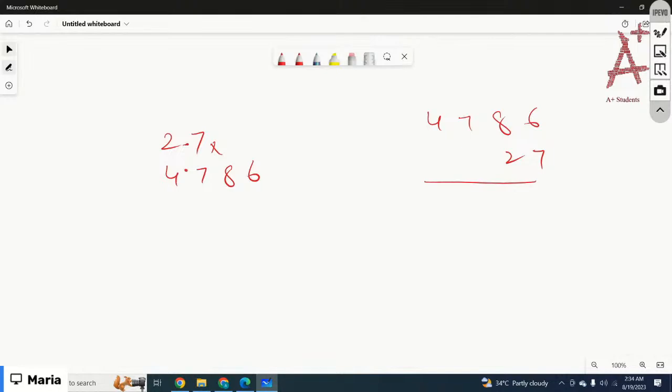When you multiply them, let me just do it on the calculator. 4786 times 27, it would be 129222. If you look at both the numbers, in the first one you have one decimal place, and in the second one you have three decimal places. So 1 plus 3 makes 4. That means you have to move the decimal point four places, 1, 2, 3, 4. So that would be 12.9222, right?